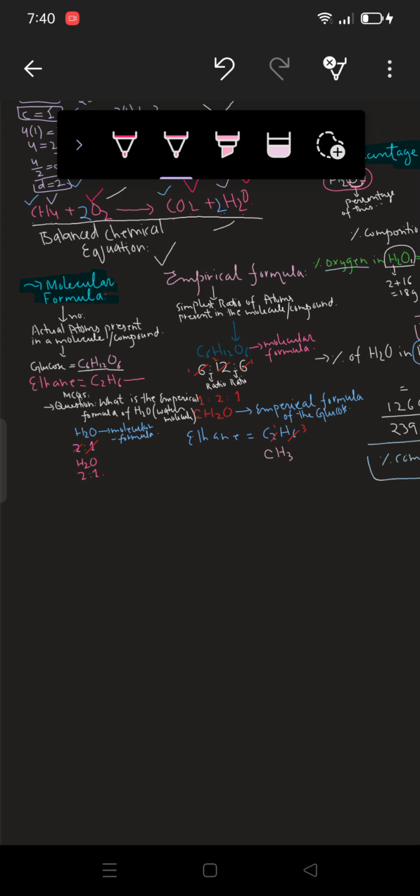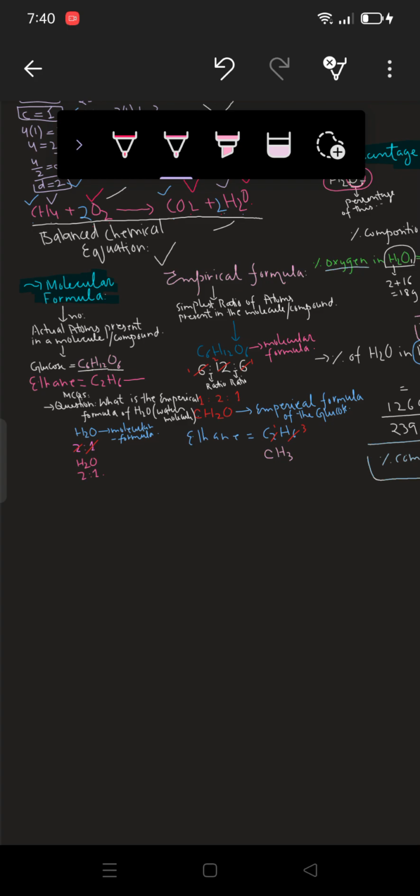Then we took the empirical formula of ethane as well, and the molecular formula of ethane was C2H6. When we took the ratio of it, it gave us 1:3, meaning there is only one carbon atom and 3 hydrogen atoms in the empirical formula of ethene, right?